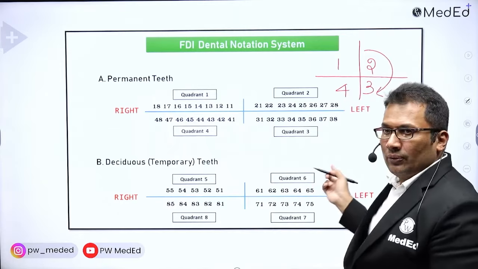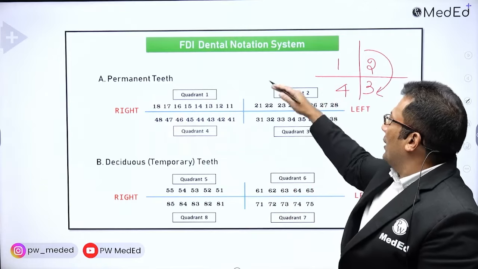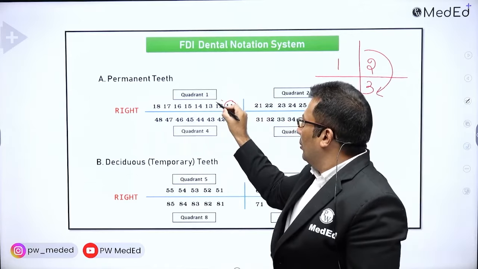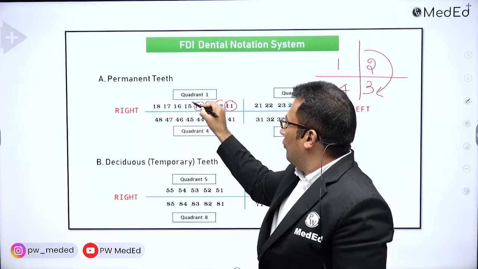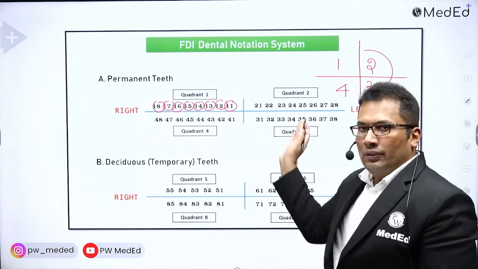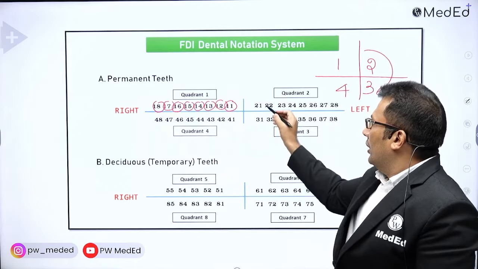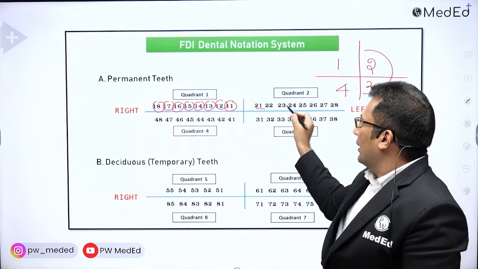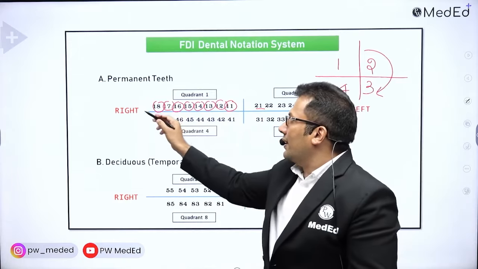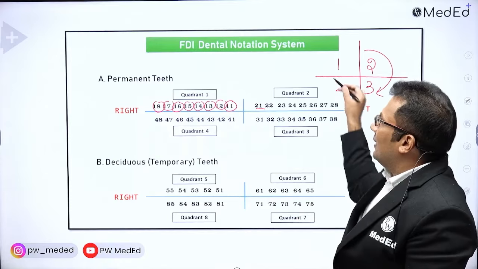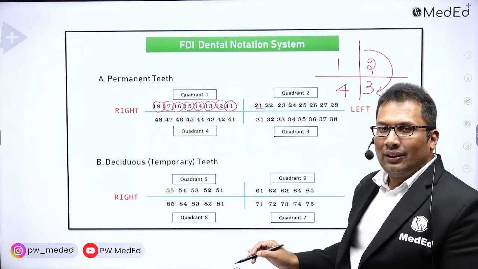So right side and left side, upper and lower. You can see here 11, 12, 13, 14, 15, 16, 17, 18. If 21, that is upper quadrant, left side. So right side usually 1 or it is 4. So this is FDI dental notation method.